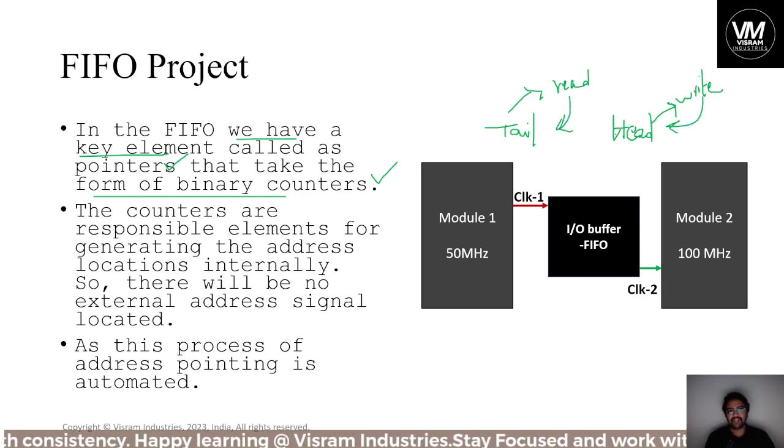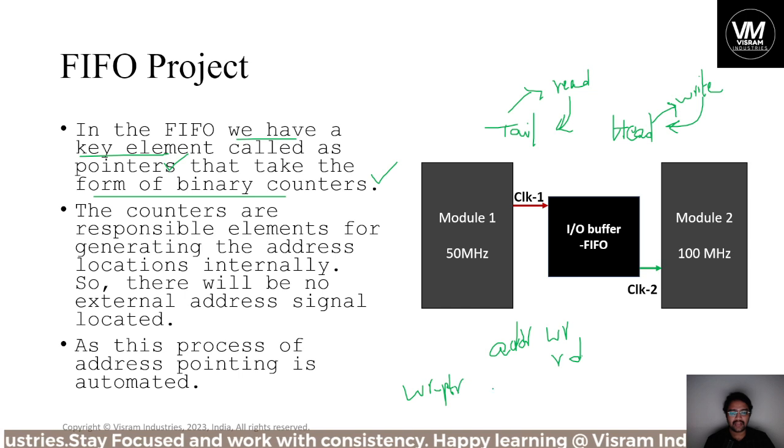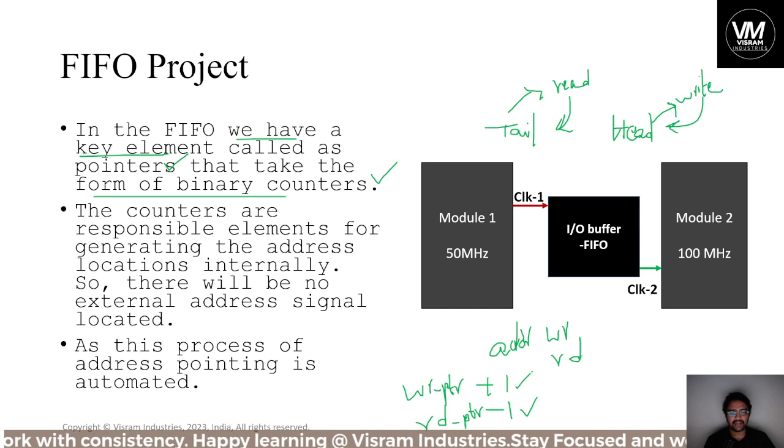These pointers are really helpful for giving the address locations for the write process and read process. The write pointer is an increment pointer and the read pointer is a decrement pointer.